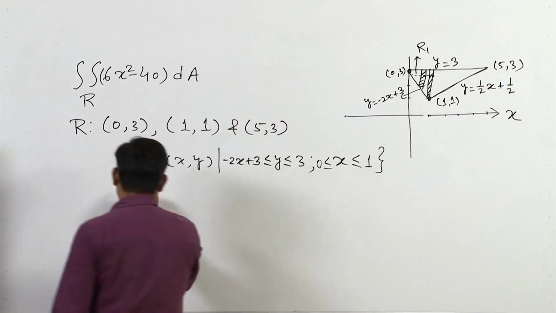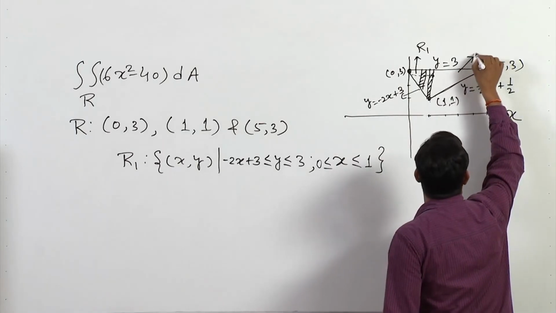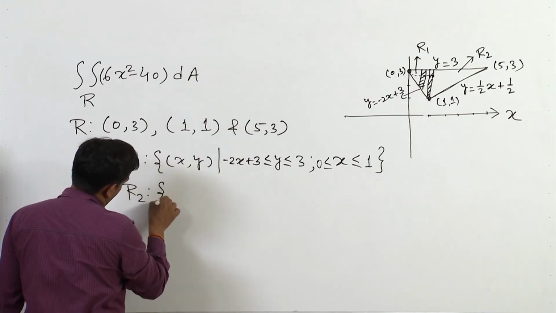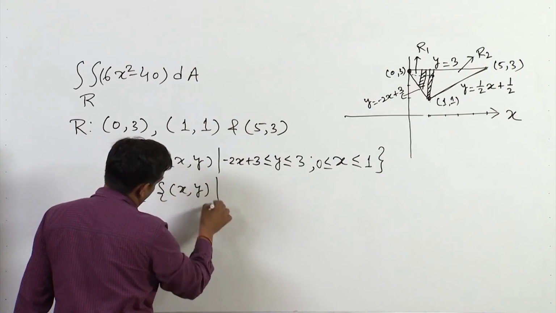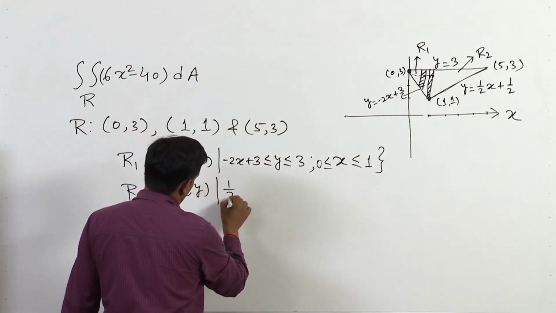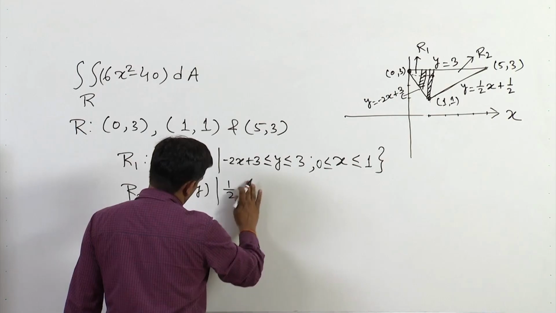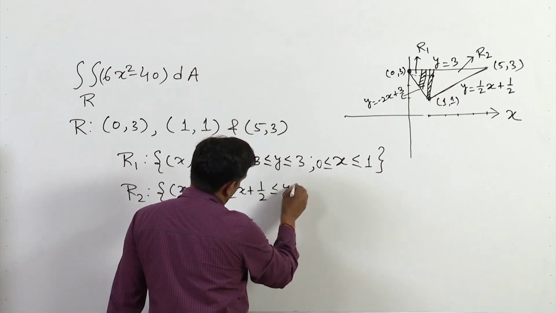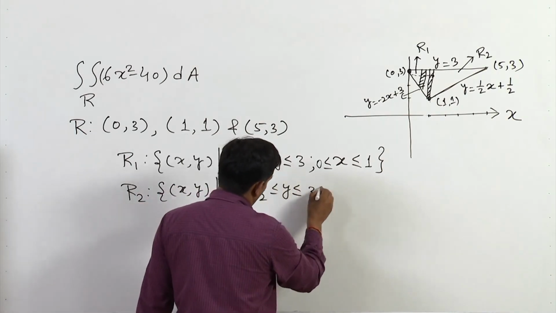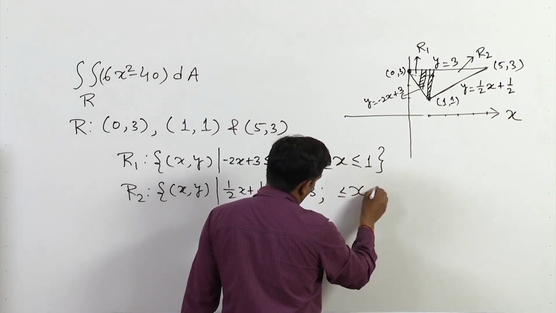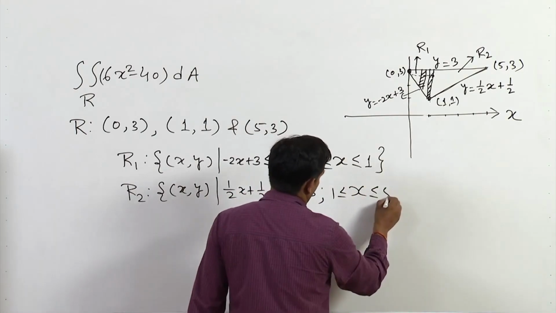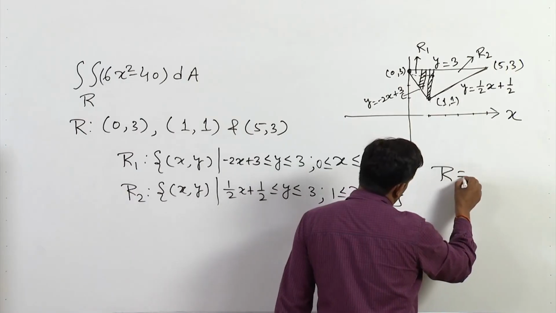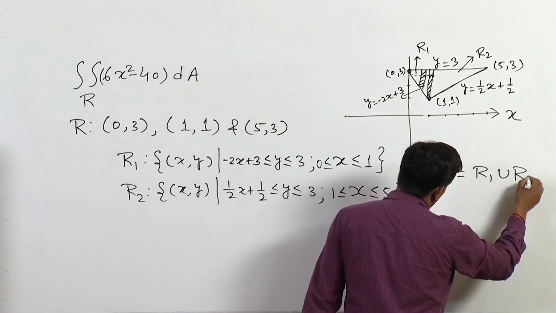Let us define this region as R2, the set of (x, y) where y goes from half x plus half up to again 3, and x goes from 1 to 5. The complete region will be R equals R1 union R2.